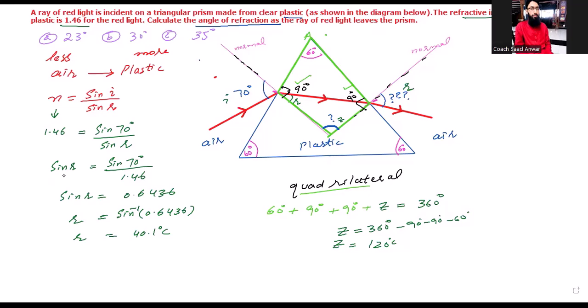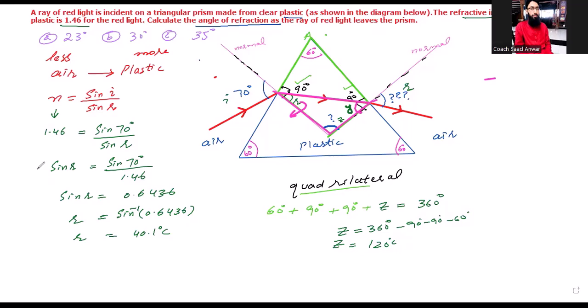Now you can see there is a triangle as well. Yes, this is a triangle. In a triangle, the sum of angles is equal to 180 degrees. This r is 40.1, and this one we don't know, so we can call it y.